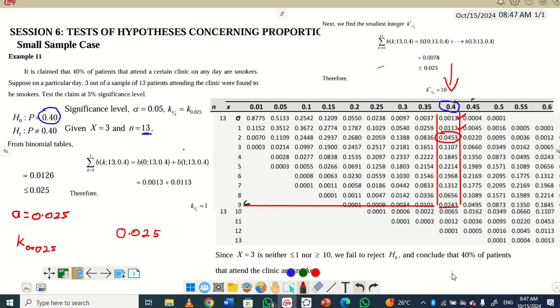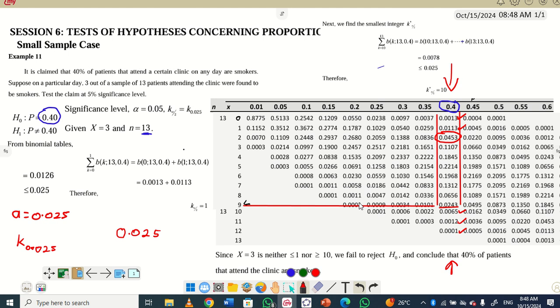Then let us also read from the down. Because it is a two-tail test, we are reading from the top and we are also reading from the down. When we read from the down, we can see 0.001, which is less than this, so we will take it. We can also see this one, it is still less than the value, so we will take it. Then we will also see this one, which is still less than 0.025, so all these are accepted.